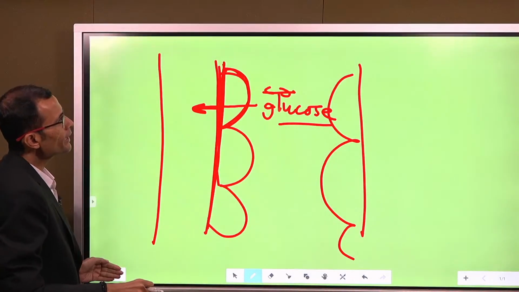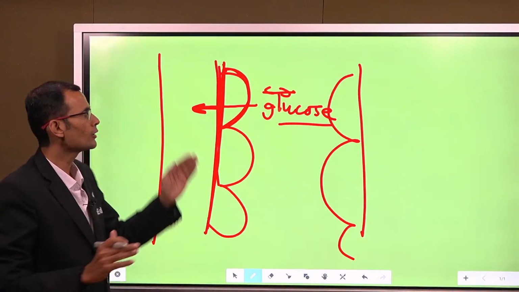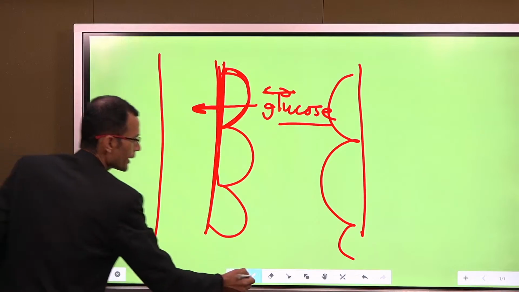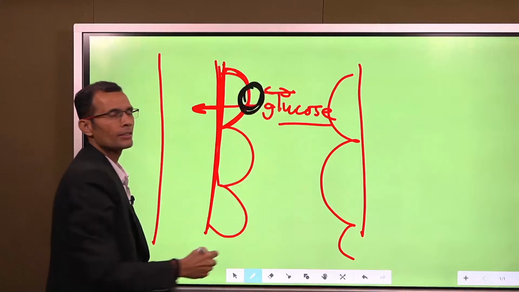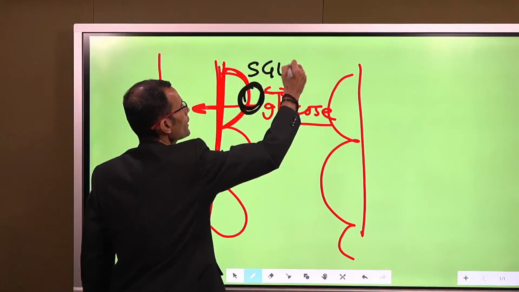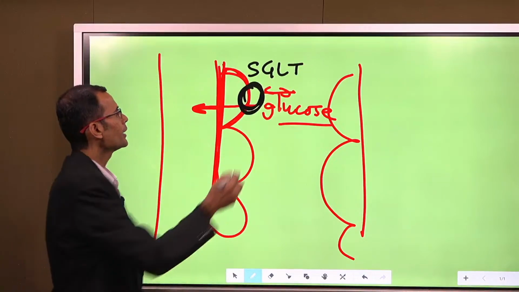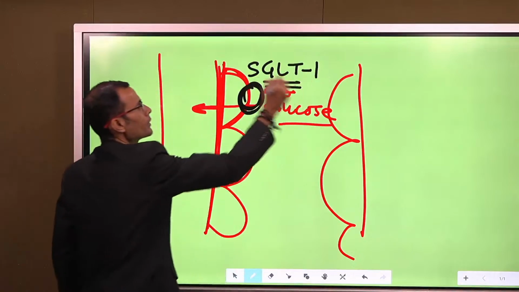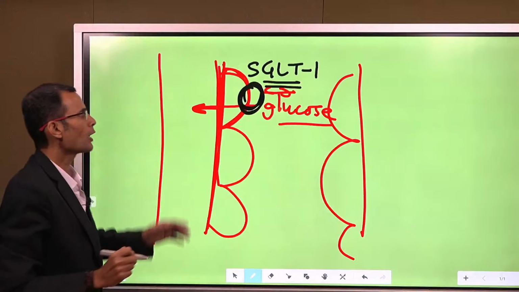Now the question is, what transporters are utilized by glucose? On the apical membrane, there is a secondary active transporter called SGLT, and to be precise, in the case of the GIT, it is SGLT1, the sodium glucose transporter. Why is it needed?